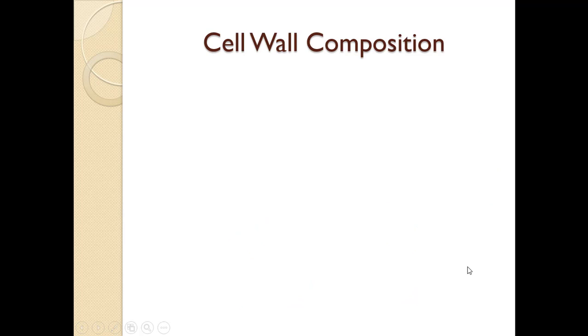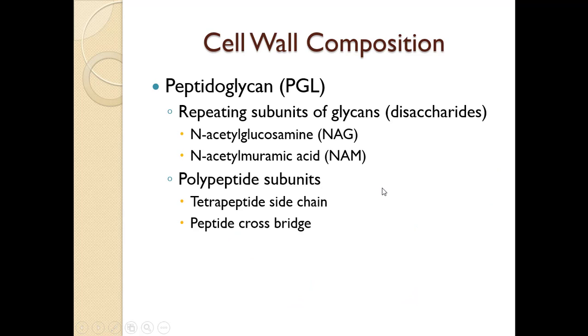The cell wall composition. That peptidoglycan layer is made up of repeating subunits called glycans. These are disaccharides, as brought up from our previous video. Made up of these different types of disaccharides, N-acetylglucosamine, or NAG, and N-acetylmuramic acid, NAM.